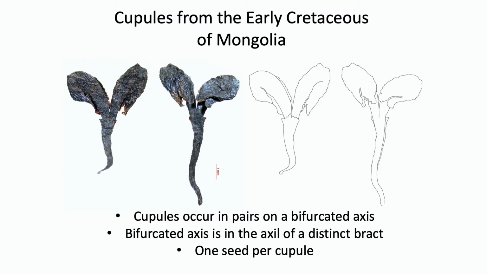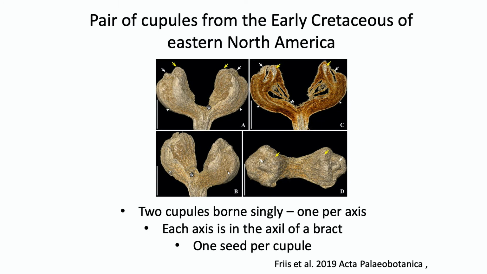In the recently described material from Mongolia and British Columbia, the reproductive axis is branched, with each branch bearing a single cupule and each cupule having a single seed inside. In recently described material from Virginia, the reproductive axis is even simpler and bears just one cupule that has one seed inside.